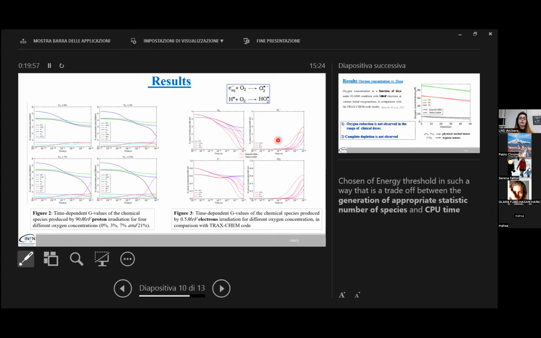You can see the increase of the superoxide anion and hydrogenated form. In this situation, the irradiation of electrons at different oxygen concentrations, and then you can see the comparison with tracks.